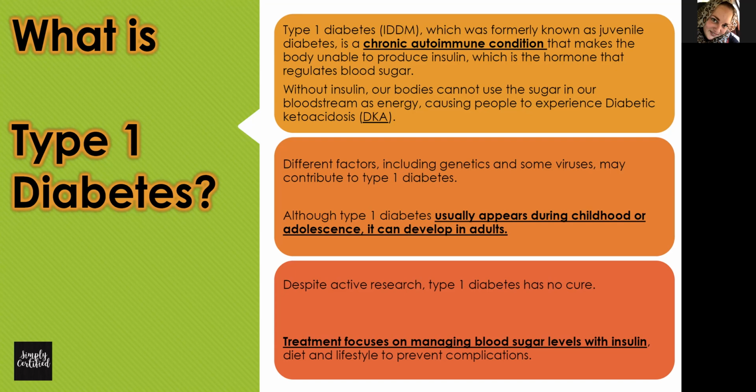I know there's a lot of stuff going on with stem cell therapy, and that's a very promising thing. But right now, treatment focuses on managing blood sugar levels and taking your insulin. A lot of type 1 diabetics get insulin pumps. And of course, diet and keeping a healthy lifestyle to keep the complications away.